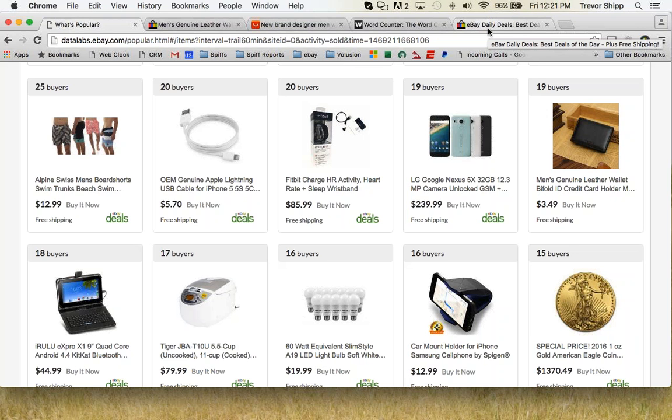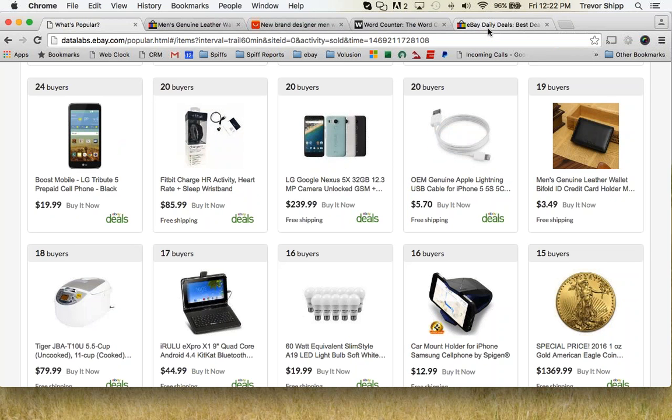I'm at least going to be able to do that. My guess is I could sell these for at least 12, 13, 14 bucks a piece. The same exact kind of wallet that these guys are selling. Why? Because I'm an American seller and I can promise people that I'm going to get it to them in 3, 4, 5 days. 5 times quicker than somebody out of China can do it.